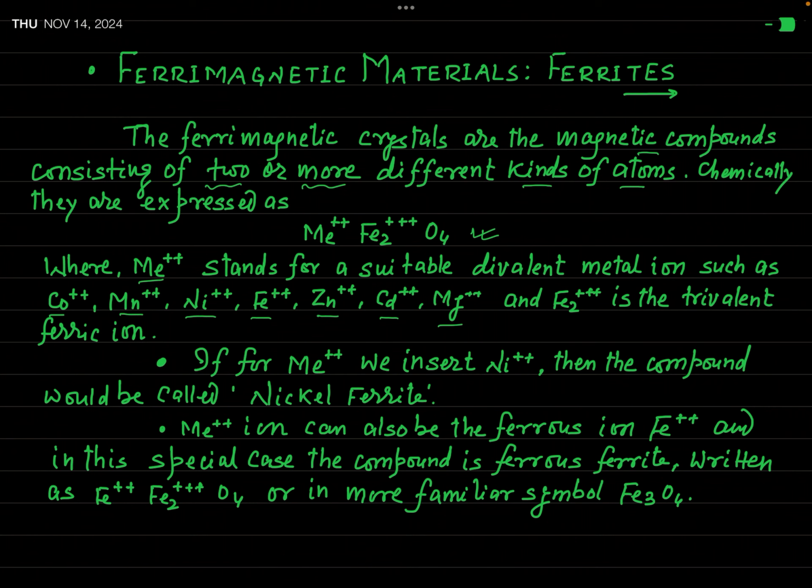And this Fe2 3+ is the trivalent ferric ion. So you can think that in a ferrite, Fe2 3+ O4 will always be present, but in the place of Me2+ there may be a suitable divalent metal ion, of which I have given some examples here. For example, if you insert Ni2+ in the place of Me2+, then the resulting compound is called nickel ferrite.